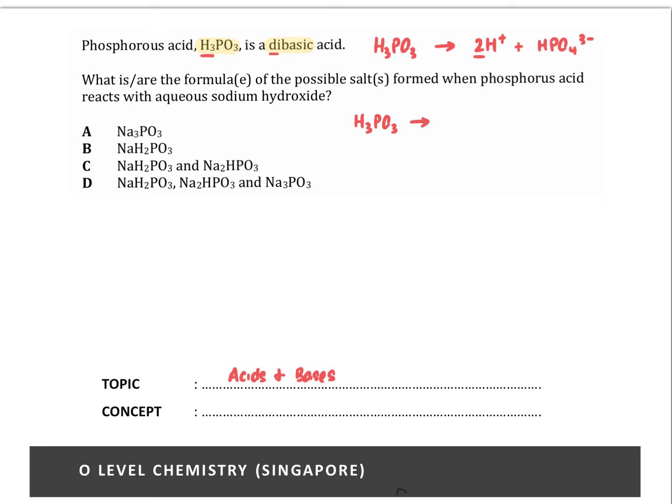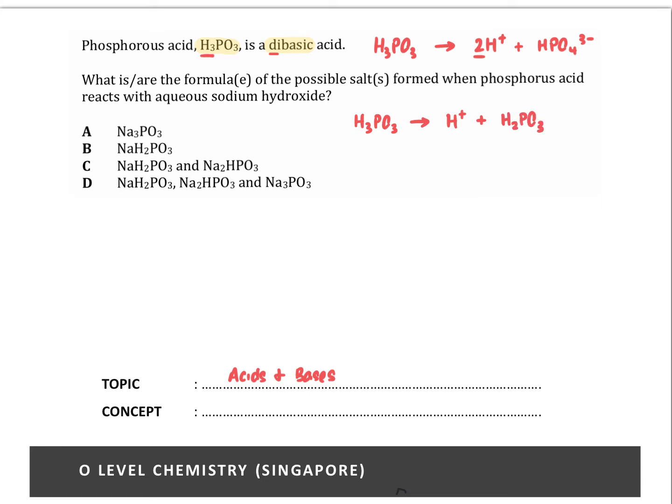So meaning there will be 2 reactions that happen in the dissociation of phosphorus acid. In the first reaction, one of the hydrogen atoms will dissociate to form an ion. So after removing the hydrogen ion, what is left would have 1 less hydrogen.